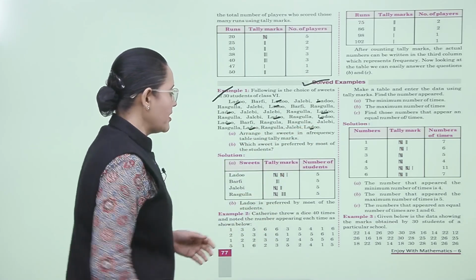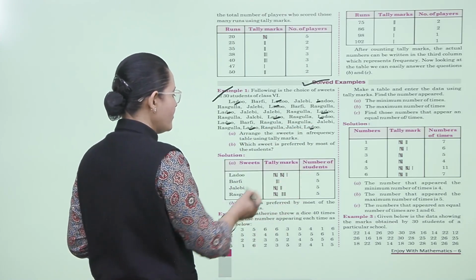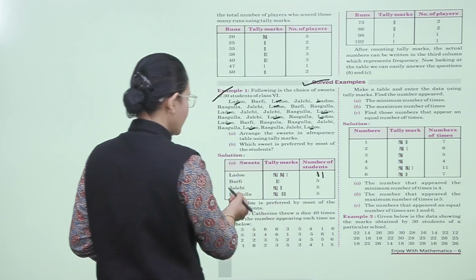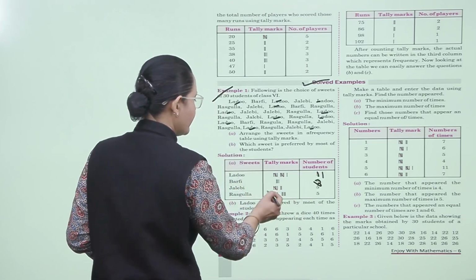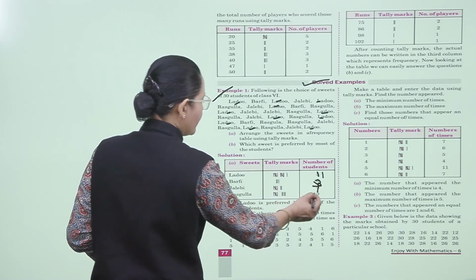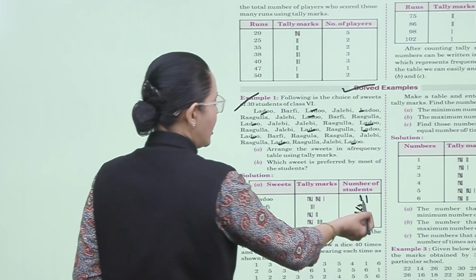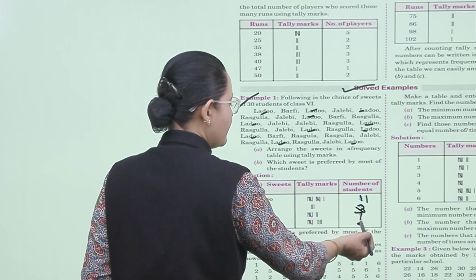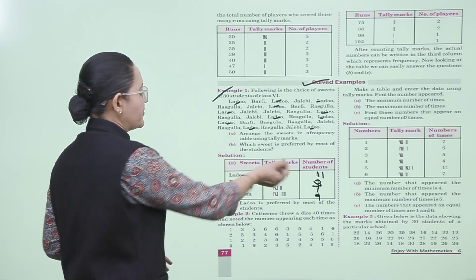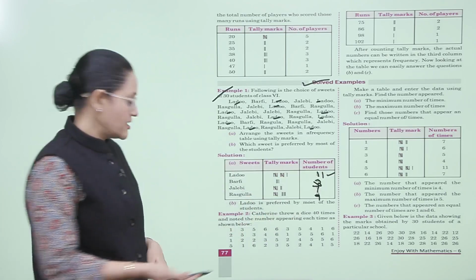So, we have made 11 tally marks, and the number of students is 11. Then 3, 7 and 9. Total students 30: 11 plus 3 plus 7 plus 9. So now we can easily answer which is the most preferred sweet. Laddu is the most preferred sweet by the students.